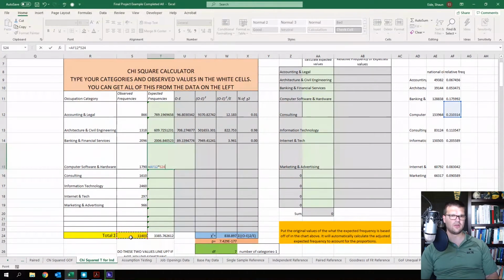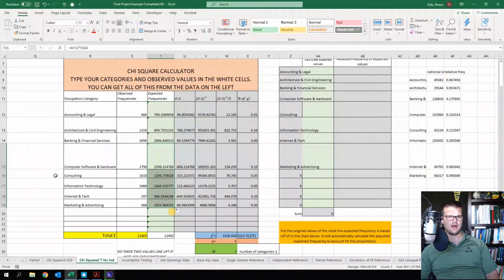We can do this all day, or we can select the total frequency and just drag it down. If you notice, this is 11,403, this is also 11,403. And so that is how you calculate the expected frequencies.